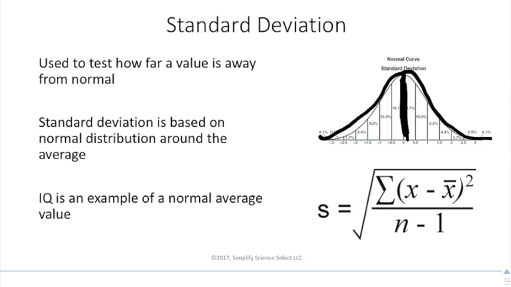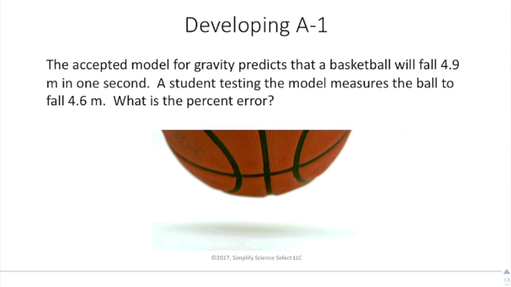So IQ is an example of a normal average value. The set value for an IQ as an average is 100. Okay, and it goes down and it goes up from there. You have very, very, very few people that score way out here on an IQ test. You have very, very, very few people who score way down here on an IQ test. And that's because it's a normal population. And so you can tell the difference between measurements based on standard deviation.